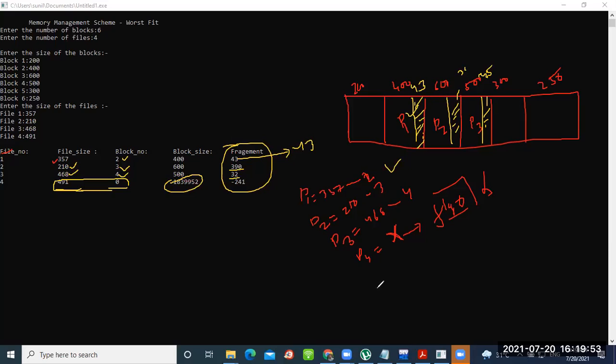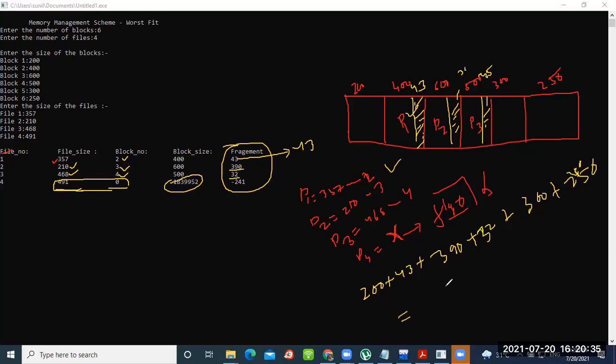If you add up what is left: 200 plus 43 plus 390 plus 32 plus 300 plus 250.